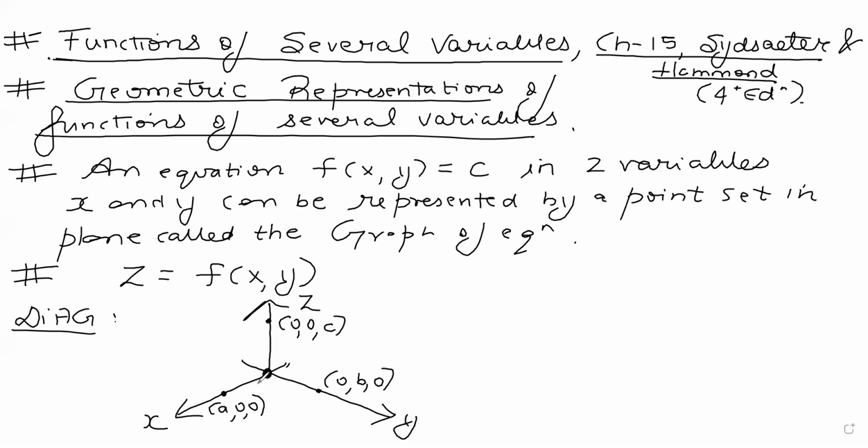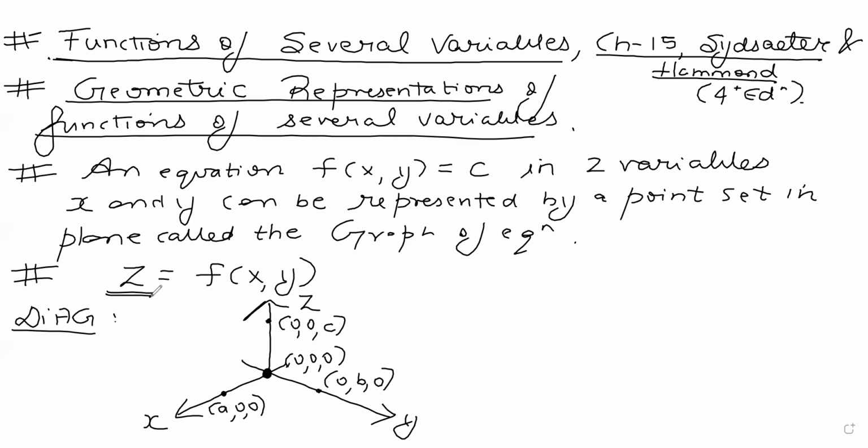This is nothing but my origin, 0, 0, 0. So you can see a graph in the three-dimensional space. Z is a function of x and y, and z is going to capture the height of the function. So a function of x and y will be in the space, but at what height? It will be captured by z.